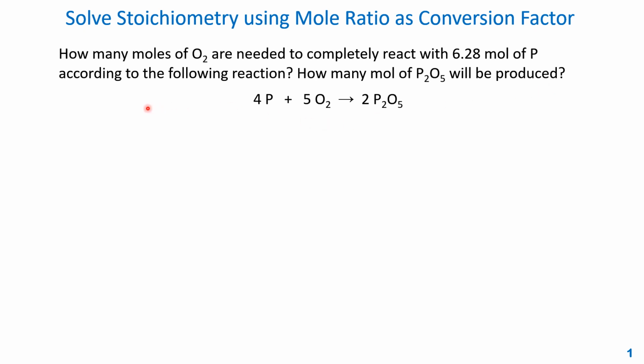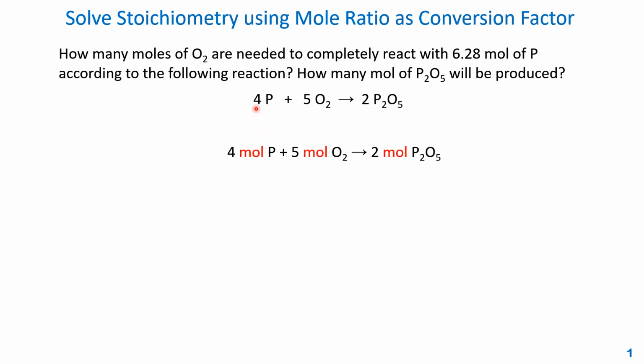Since the given amount of phosphorus is in moles, we can use the ratio of the coefficients as the mole ratio. This number in front of those chemicals is called the coefficient.